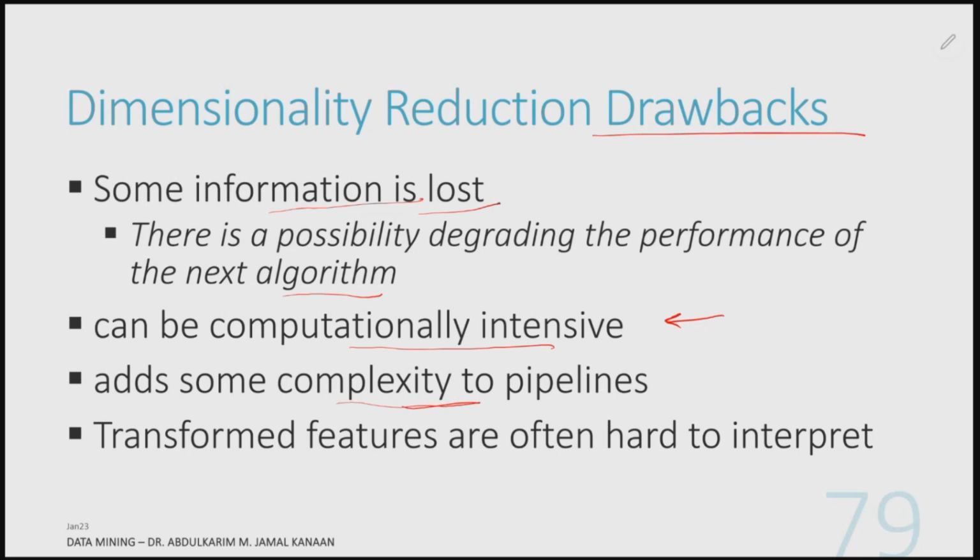We are adding complexity to the pipeline. Later we're going to see, when we prepare the data, we create a pipeline. Inside the pipeline, there are small processes, let's say replacing missing values, looking for outliers, and so on and so forth. Now we also include another process inside the pipeline for dimensionality reduction, so the complexity of the pipeline is increasing. Transformed features are hard to interpret because eventually you will get component 1, component 2, component 3. You don't know what these are to interpret your results.